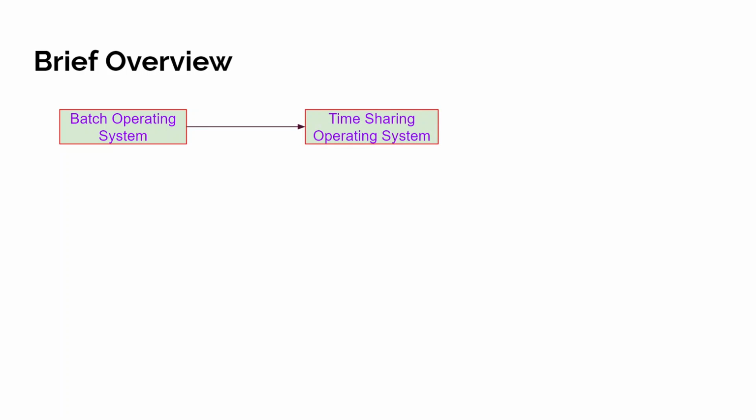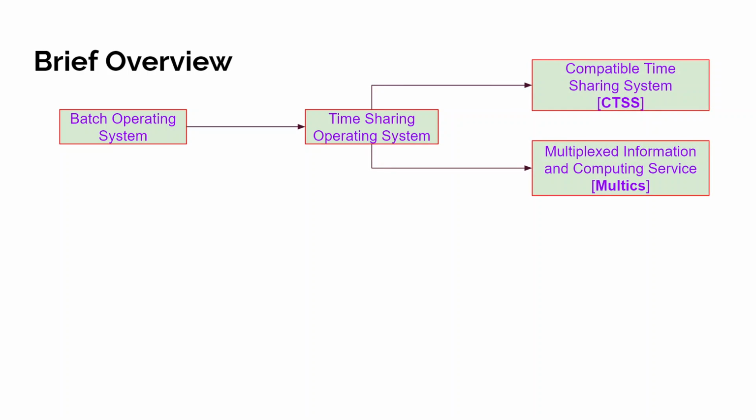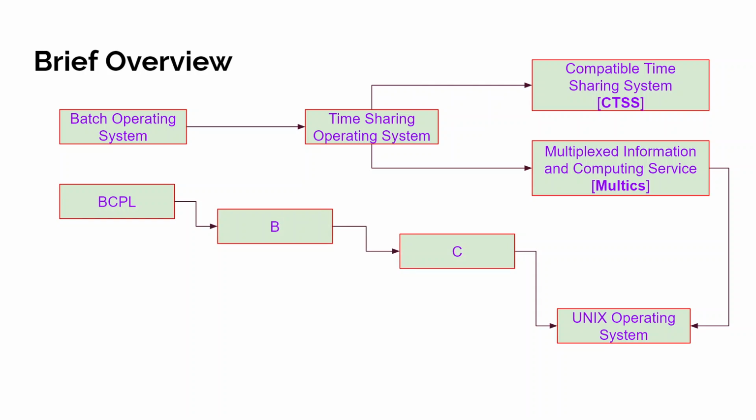Here is a brief overview of what we just discussed. We started with the batch operating system and then discussed the necessity of the time sharing system. CTSS and Multics are two popular time sharing systems that even influence modern operating systems. Then the Unix OS was built from the ideology of Multics using the C programming language.